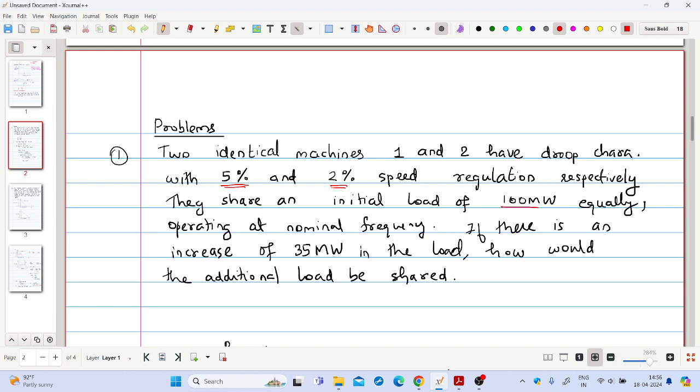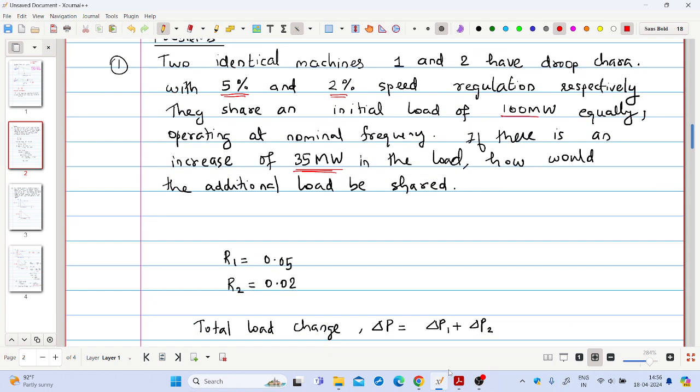If there is an increase of 35 megawatt in the load, how the system will behave? Okay, if you suddenly increase the load by 35 megawatt, what proportion of the load will be taken by machine 1 and what is the amount taken by machine 2? That is what we have to find out. So the data given is speed regulation of first machine is R1 equal to 5%, that is 0.05.